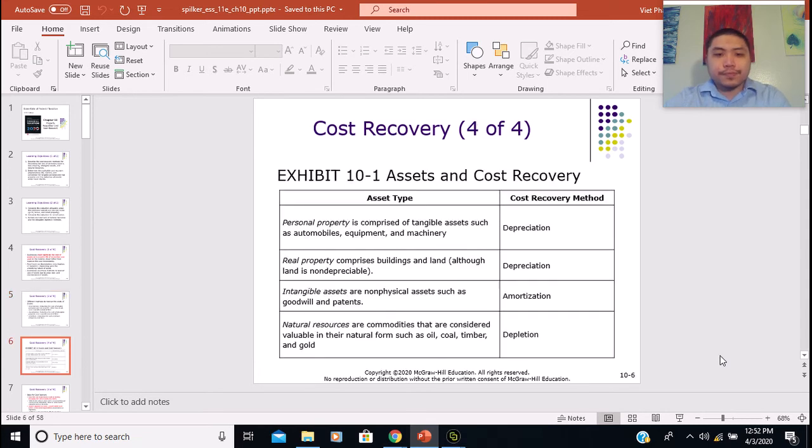Here is a summary of the types of methods to recover cost. In today's lecture we will probably spend the whole time talking about depreciation, because it's the most complicated, most complex method.